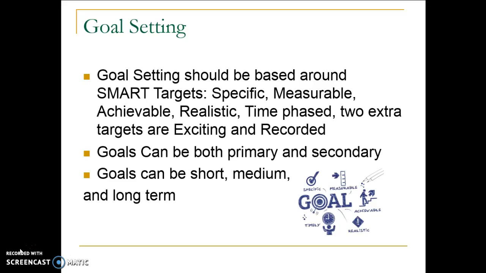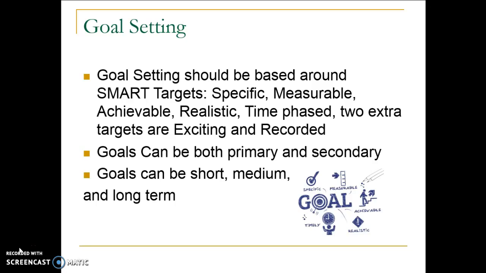Achievable. So this is ensuring that the goal is something that can be achieved fairly easily. It's not too hard, and it is something that will, with the hard work, be able to be achieved.